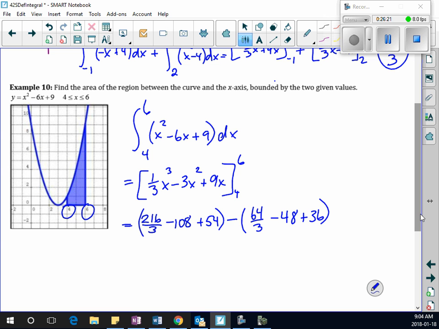So 216 minus 64 all over 3 is 152 over 3. And then minus 108 plus that is minus 54.